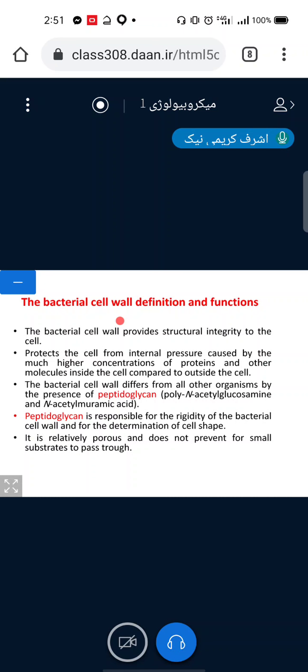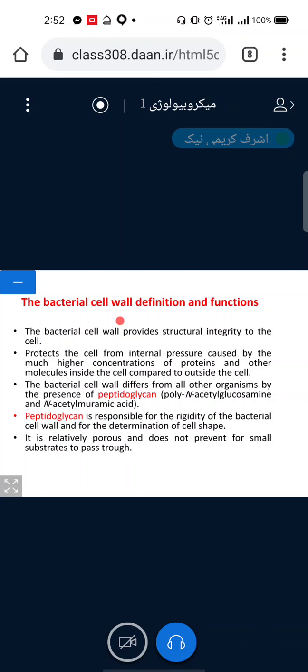It protects the cell from high osmotic pressure. Sometimes osmotic pressure is caused by a higher concentration of some proteins, and the cell wall can control it.